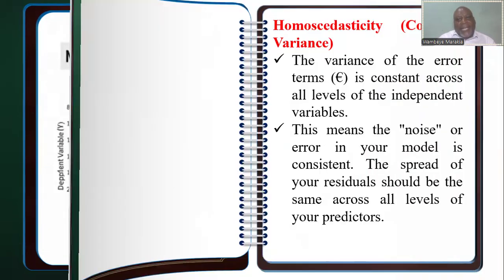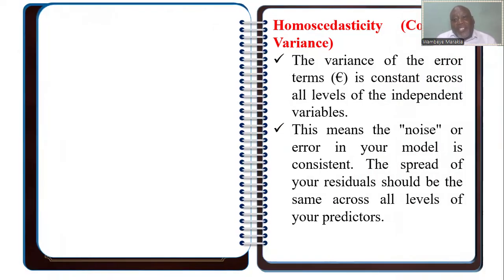It should be constant. And when this error is constant across all levels of independent variables, if you have 3 independent variables, you have 10 independent variables, this error should be constant across all these variables. And this means that the noise or the error in your model is consistent.